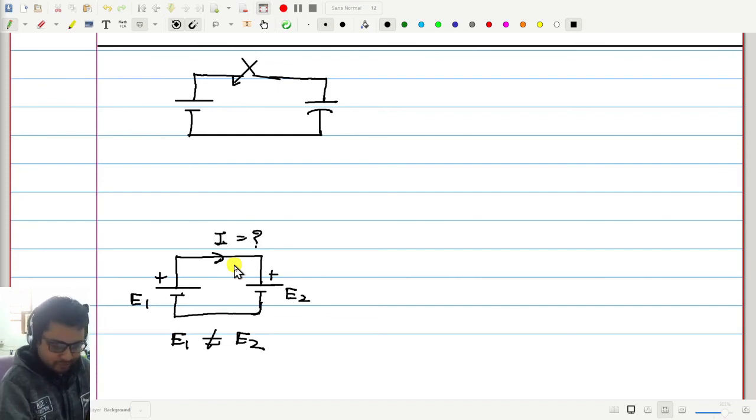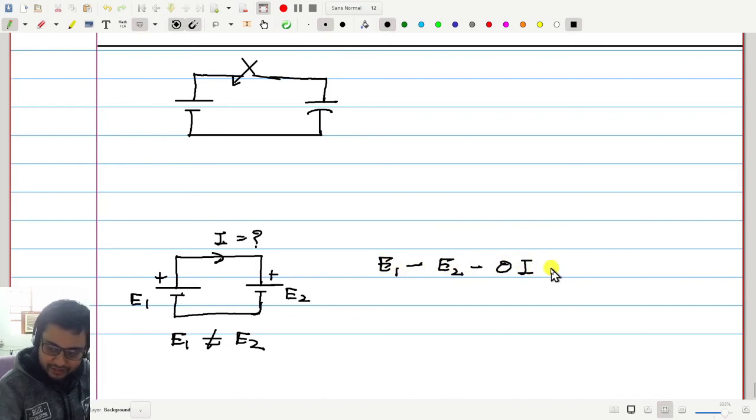So if I write KVL, tell me what is the solution to the equation E1 minus E2 minus 0 into I equal to 0. There is no solution. That is one way of getting away from this problem.